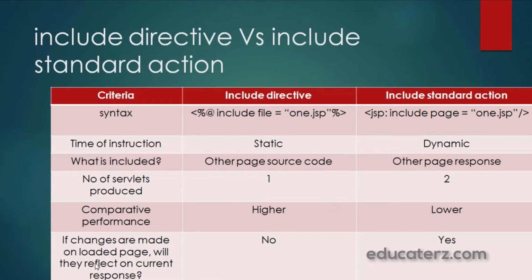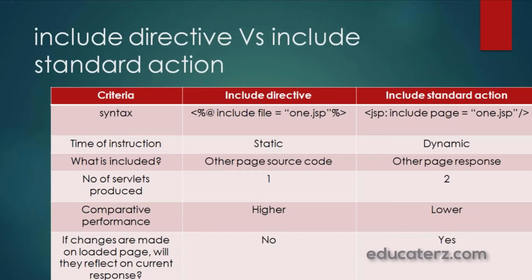Now if changes are made on the loaded page, will they reflect in the current response? When using directive, it is not reflected, but when using action, it is reflected. So, let's suppose I have some 80 JSPs and all 80 JSPs want to include the content of header.jsp.